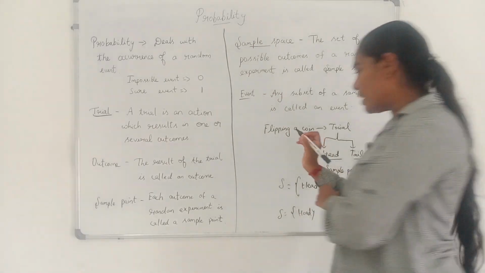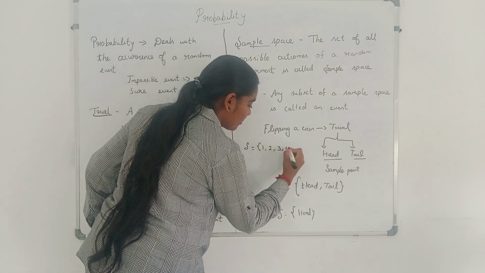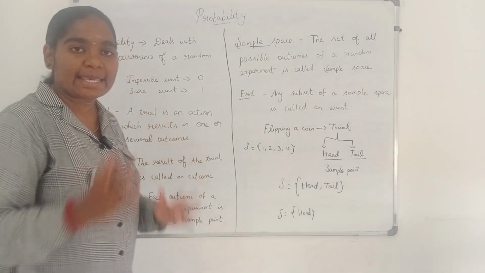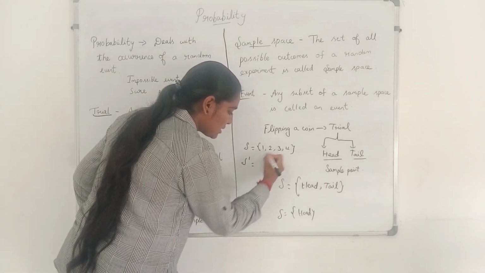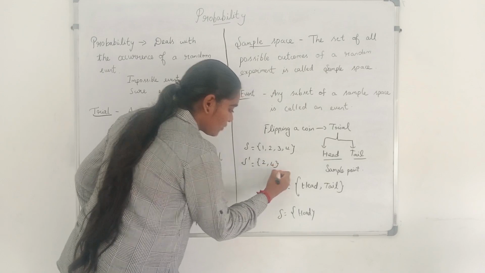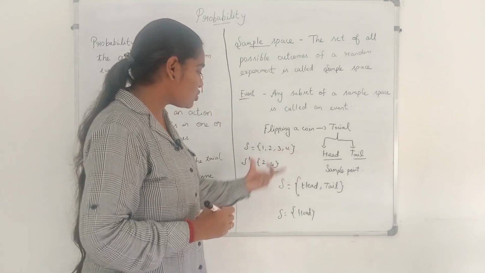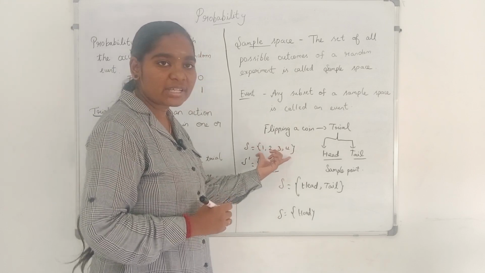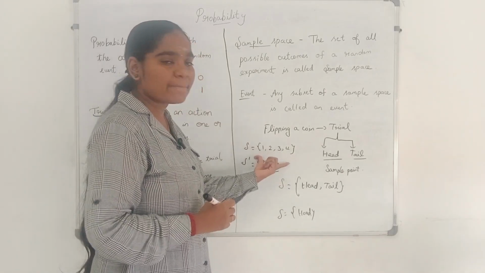For example, take another one, S = {1, 2, 3, 4}. Now I have to find an event of getting only even numbers. So here I can denote this event as S dash, and the event of getting only even numbers is {2, 4}. So this event is a subset of this sample space.